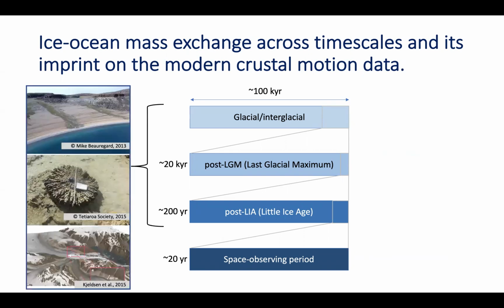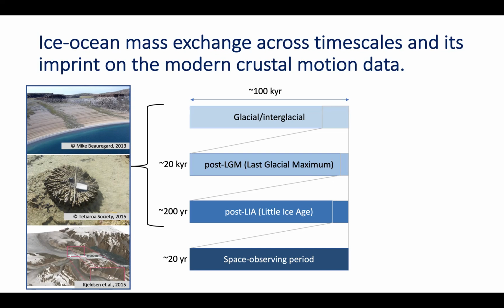So just a reminder that the past ice ocean mass exchange has been fairly well constrained, and of course there is a lot of room to improve in pretty much every respect of this wonderful field of paleo surface mass redistribution. But tremendous efforts have been put together to utilize the available remote sensing data, relative sea level data, and also maybe ice extent data and many other geological proxies to constrain ice ocean mass exchange across time scales.